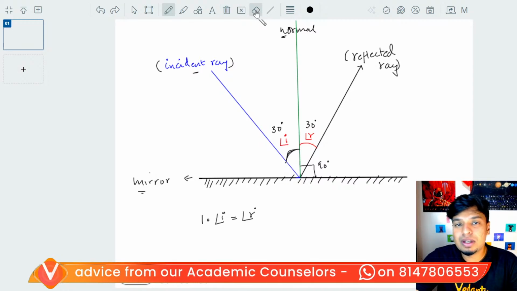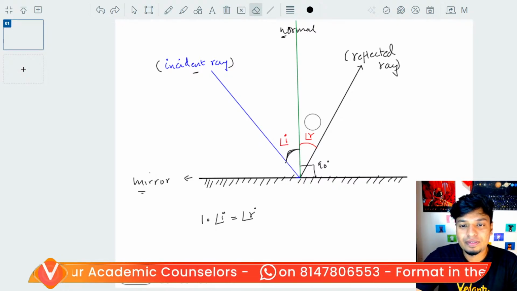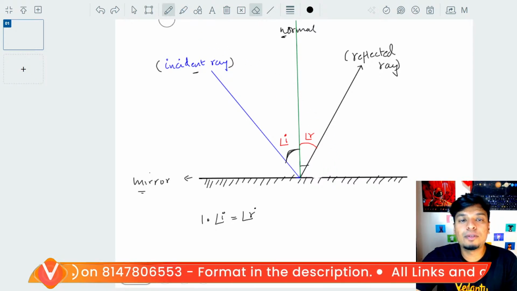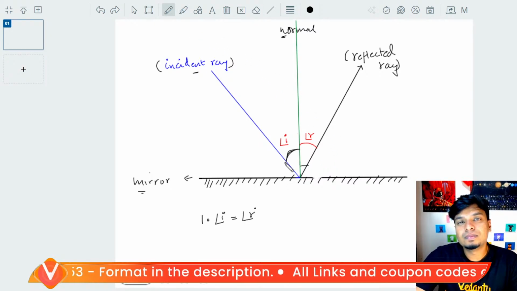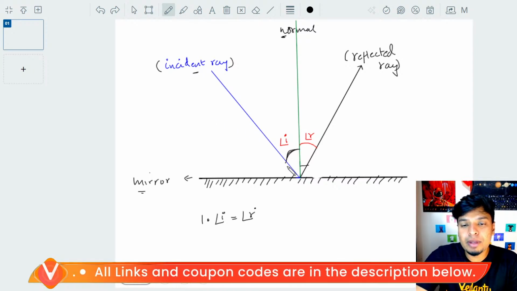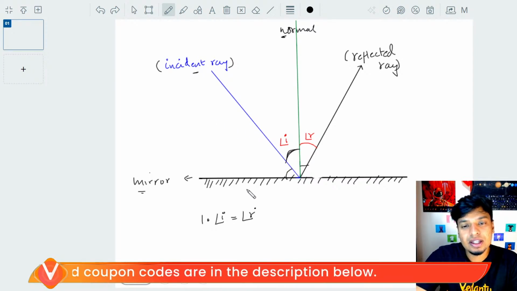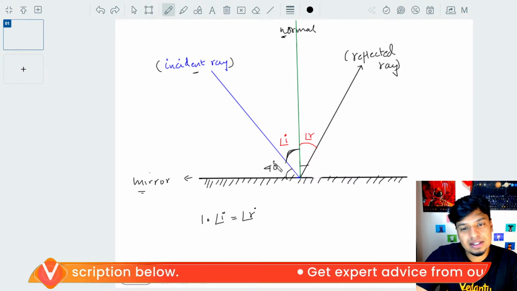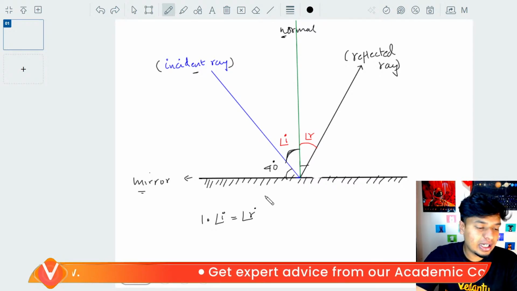Now let me ask you a question. This question is going to be interesting. The question for all of you is: the angle between the incident ray and the mirror is 40 degrees.